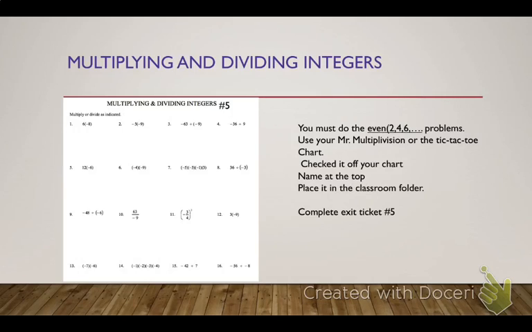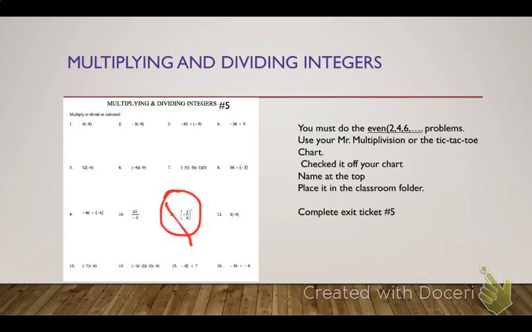Now, I know that some of the problems in here are going to be just a bit more challenging. If you come across one that has a fraction in it, like number 11, I would say don't do that one because we haven't really talked about that yet.